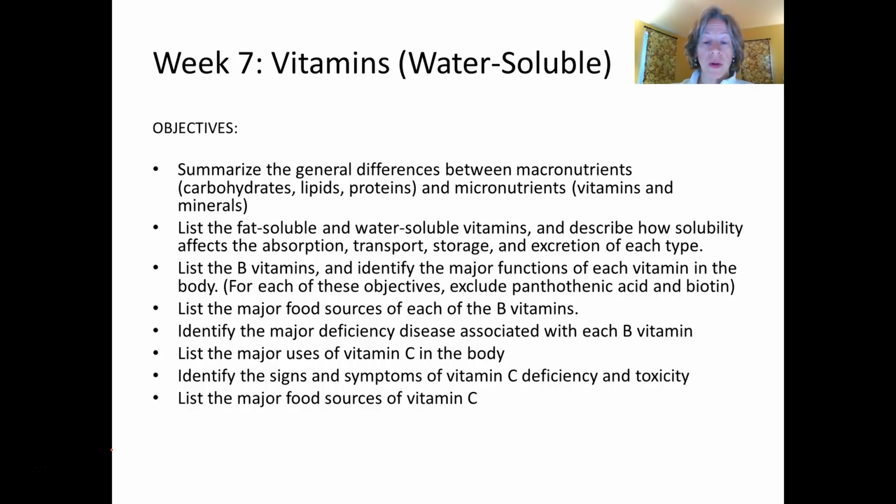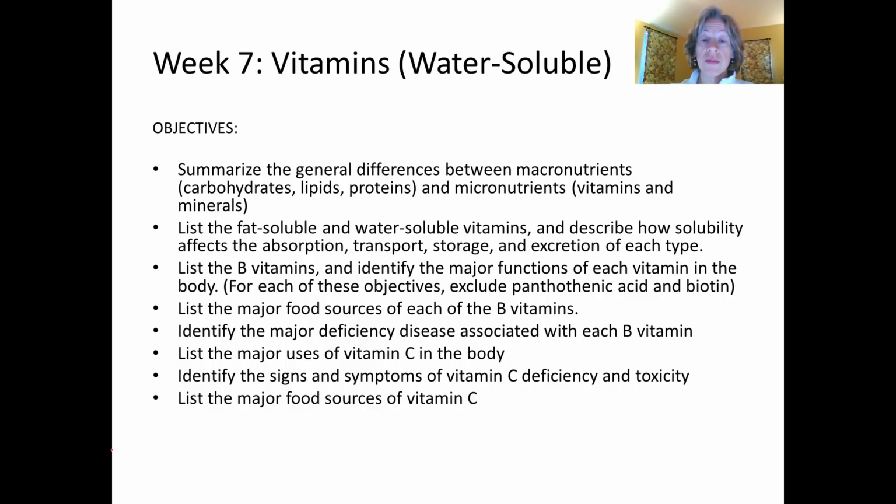For B6, B12, and folate, their major function is to help with amino acid or protein metabolism. That is, to break down proteins into amino acids, and for amino acids to be used in your body, as well as creating DNA. So those are the common functions of B6, B12, and folate.